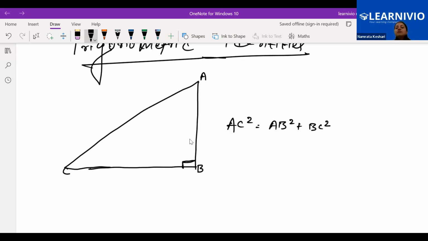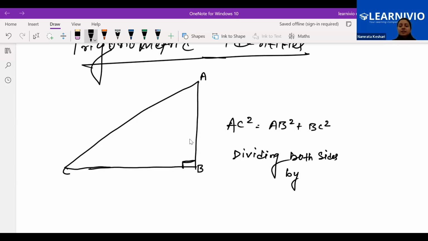So here we will be dividing both sides by AC square. Is that allowed? Yes, anytime it is allowed. Squaring both sides, cubing both sides, or dividing both sides by a certain term is allowed.